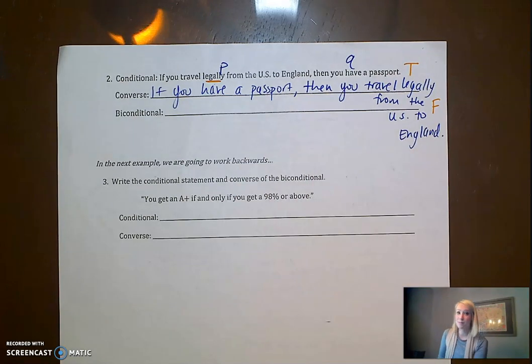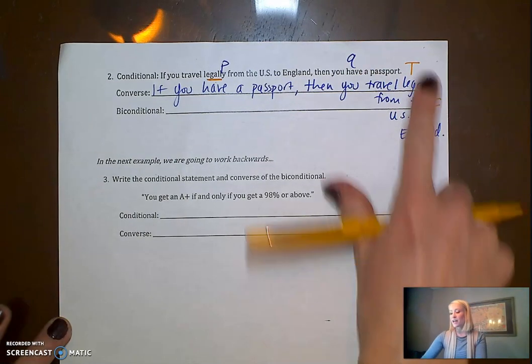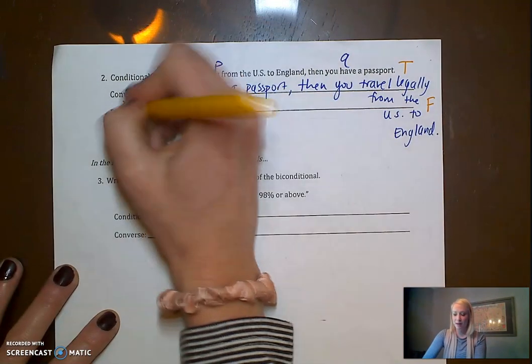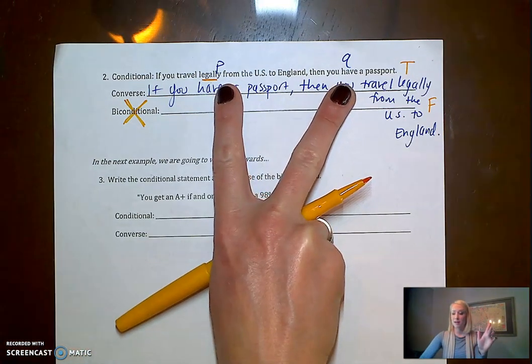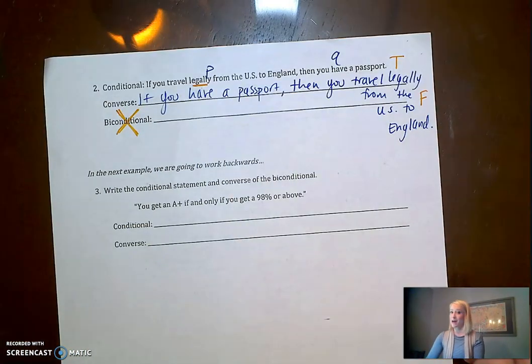Just because I have a passport doesn't mean I'm going to England. Maybe I'm using it to go to any other country. So that's false. If any one statement of your four is false, you cannot write a biconditional. Those two things, that hypothesis and that conclusion, are not always linked together. So sometimes that happens, just don't write it, you can't.